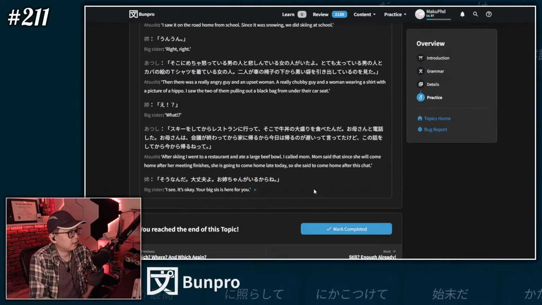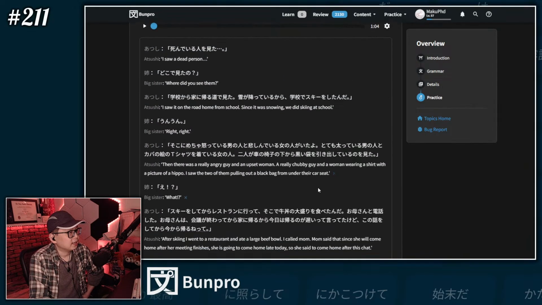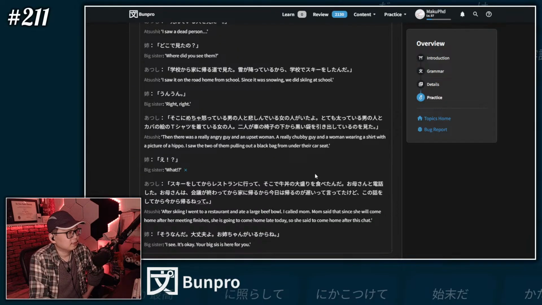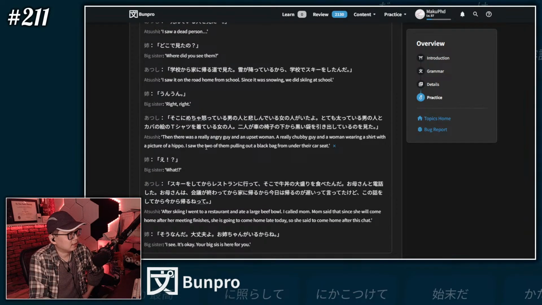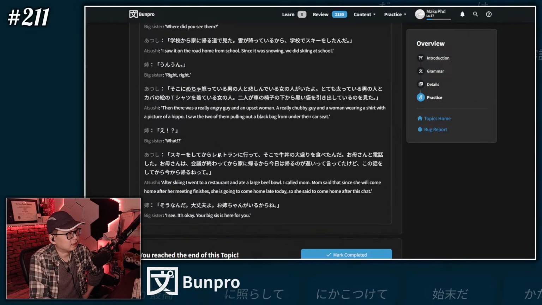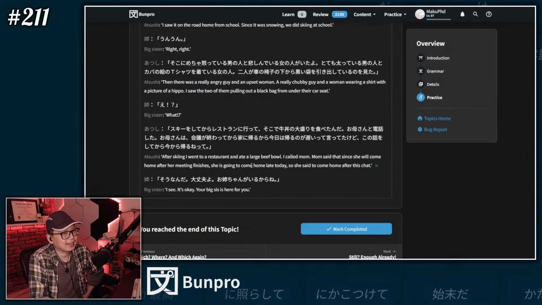Now here's the problem. I got really lost because I had no idea why he was talking about the dead person and then suddenly swapping to skiing, and then talking about the dead person and then suddenly talking about skiing again.